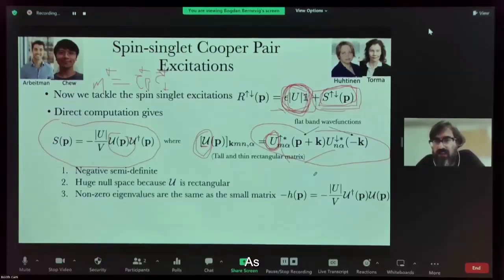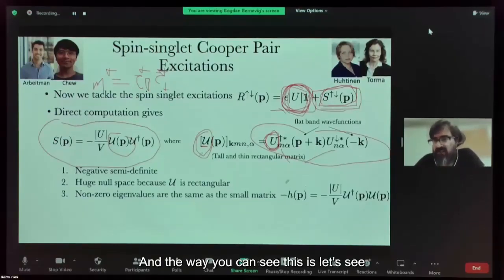And if this matrix was negative semi-definite but didn't have a huge number of zero eigenvalues, then I could imagine it splitting the two-particle continuum. But it doesn't, because there's a huge number of zero eigenvalues.